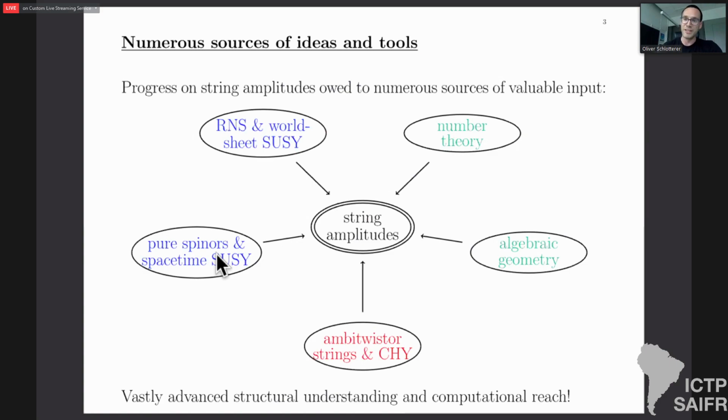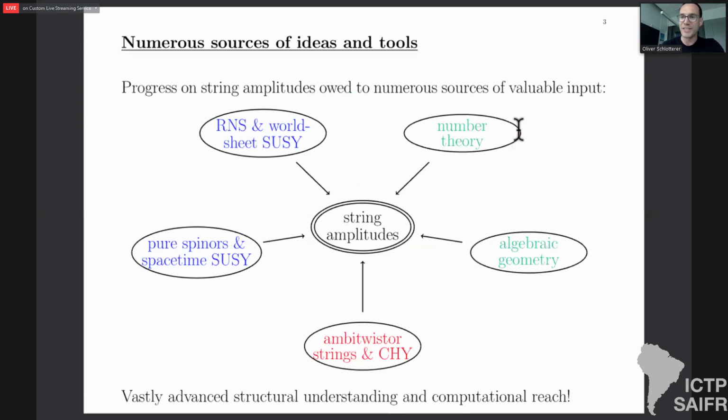There is a continuous inflow of new ideas how to deal with the subtleties of the respective formalisms, new ideas how to interpolate between them to find new models that unify the advantages of both. And also the ambitwistor string theories that we heard about yesterday from Lionel and Freddie. Also those are strong support even for the full-fledged superstring with all its alpha prime dependence. You will see a 3-loop 4-point highlight of this.